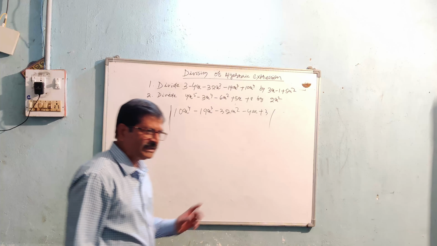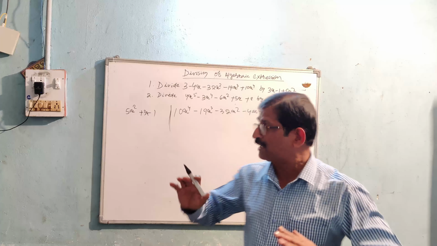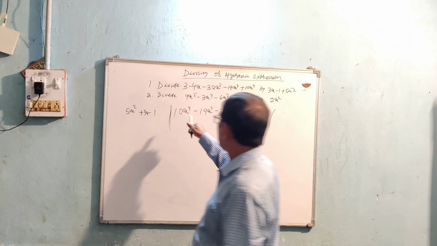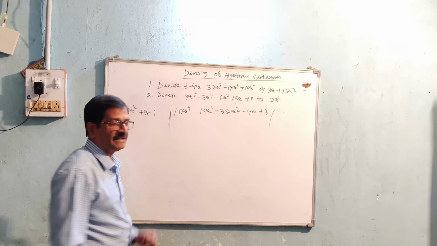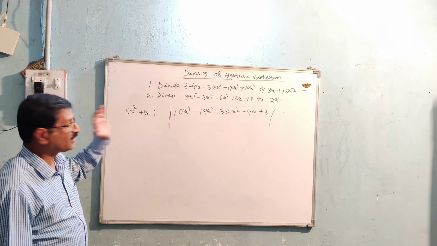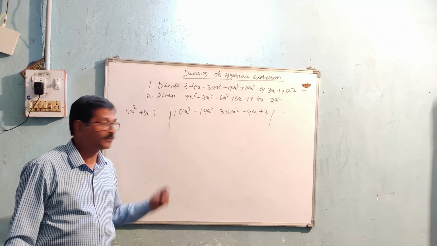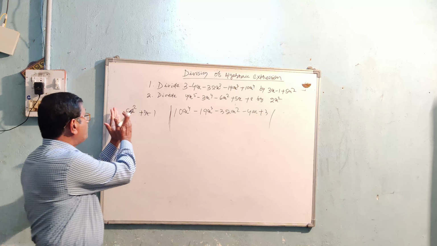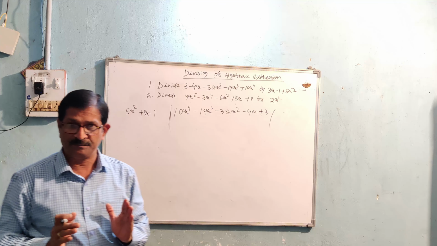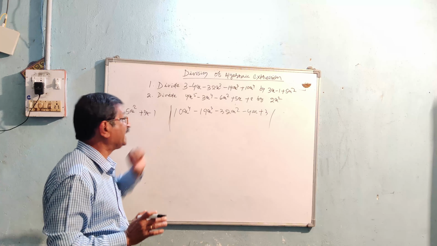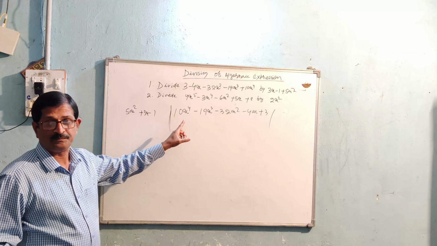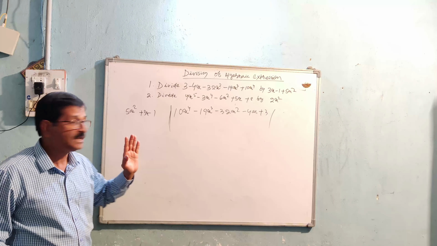After arranging these things, you have to see what is the first term of this dividend, that is 10x to the 4, and the first term of the divisor is 5x square. So what should be multiplied with 5x square so that I can get 10x to the 4? Always you have to compare the first term. You don't bother about all these other things.